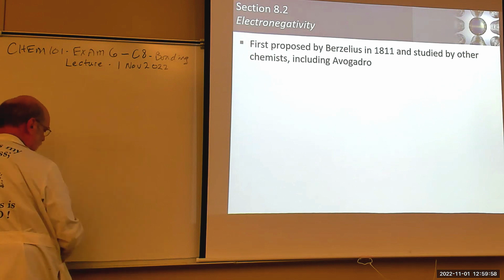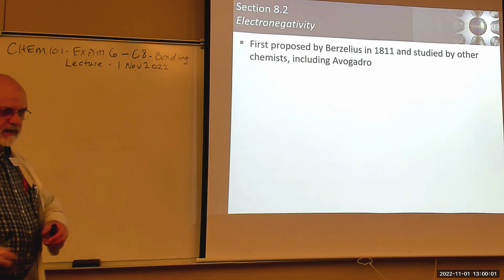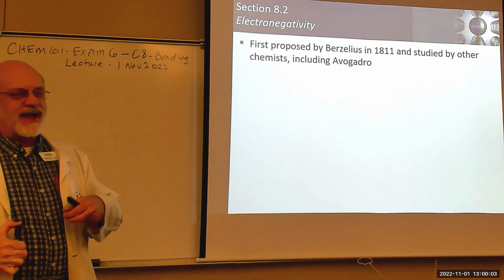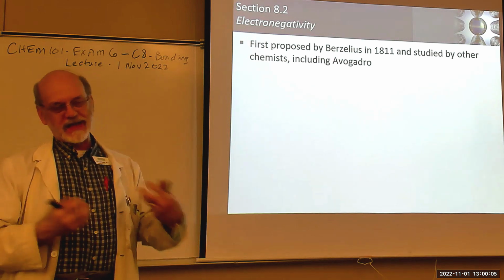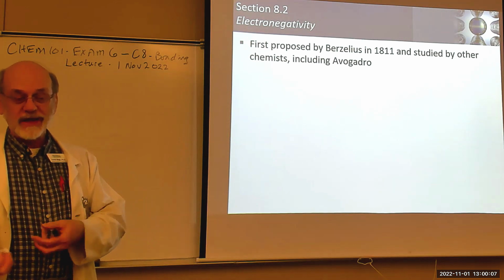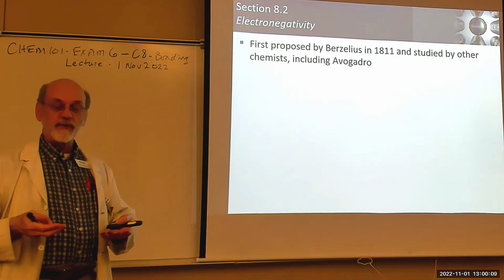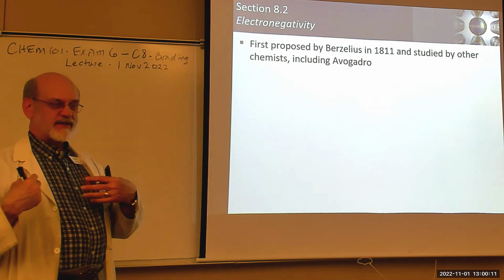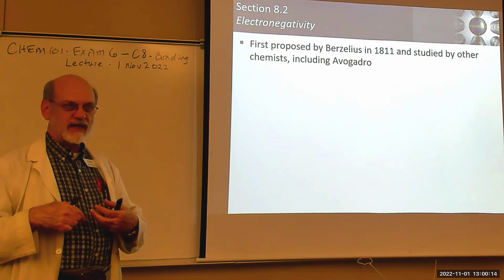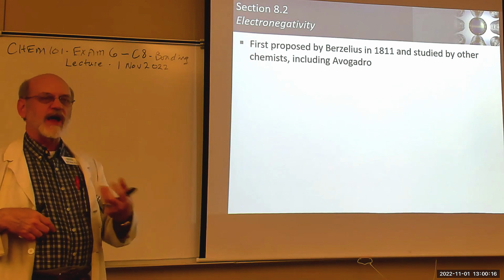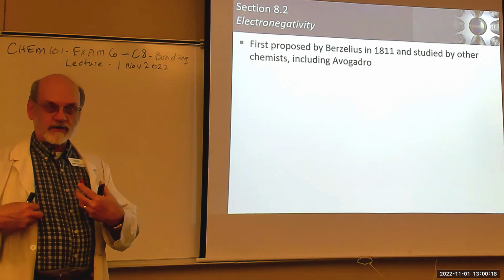So here's the term electronegativity. I mentioned the strength of attraction of fluorine is greater than hydrogen. Well, every atom in the periodic table has a characteristic electronegativity. It has a strength of attraction for electrons.